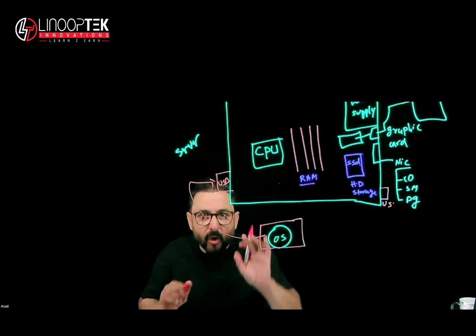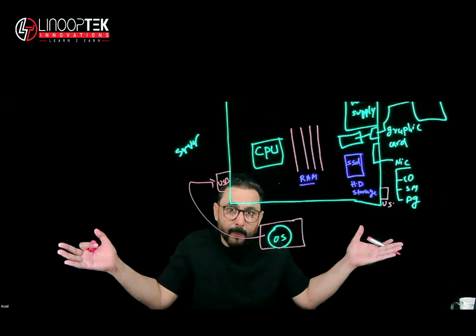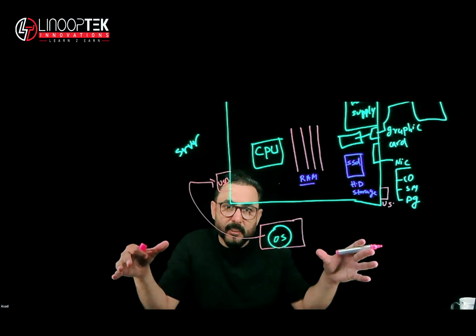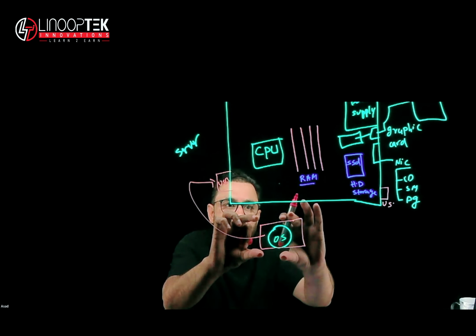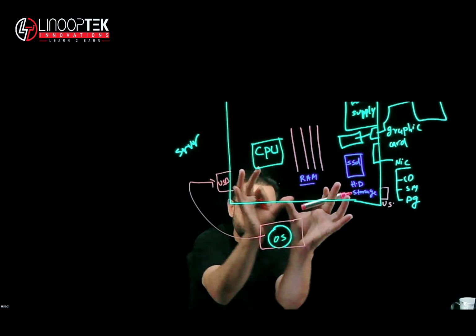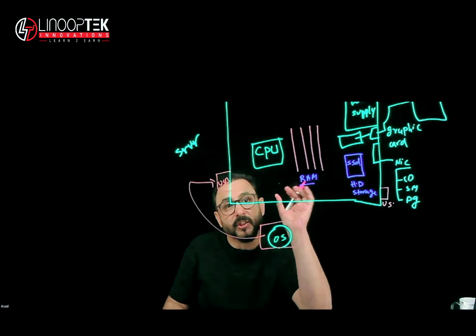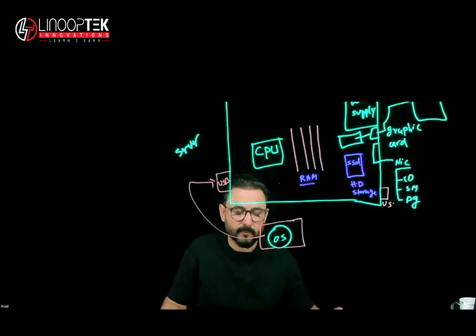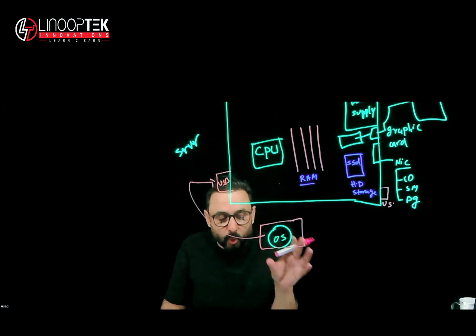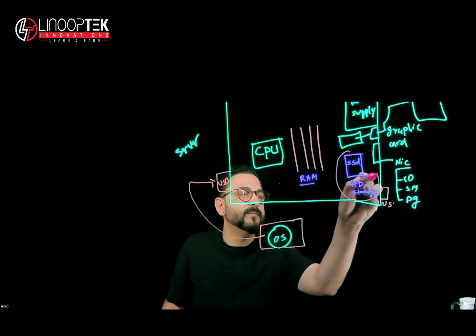When you install an operating system on a machine like a laptop or a desktop, it takes files from the USB and saves them in one of these components. So what is that component that stores files permanently? This guy. Beautiful.